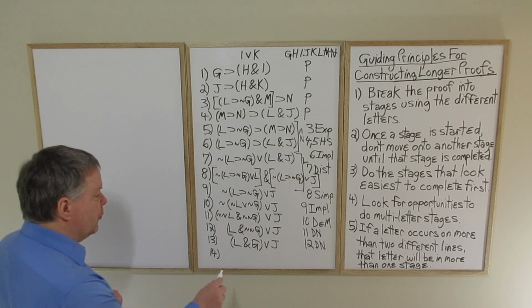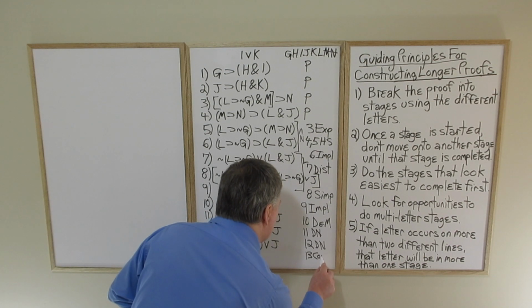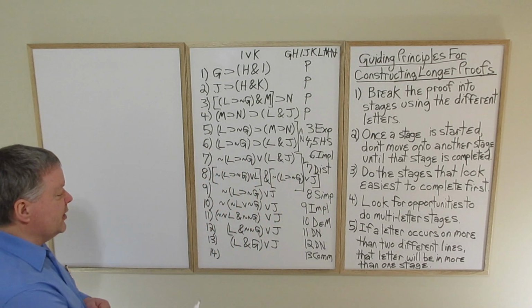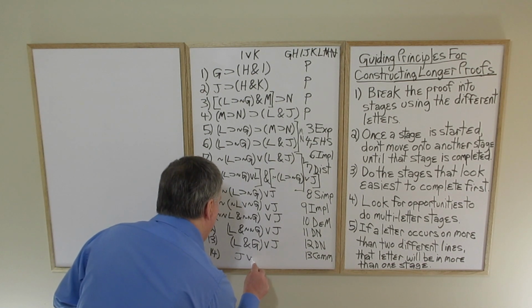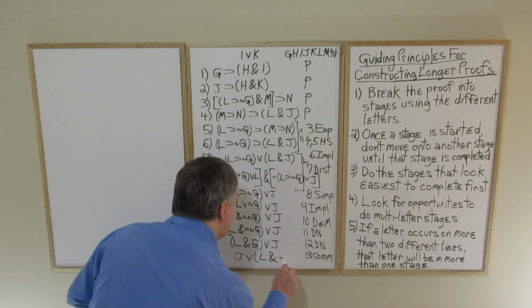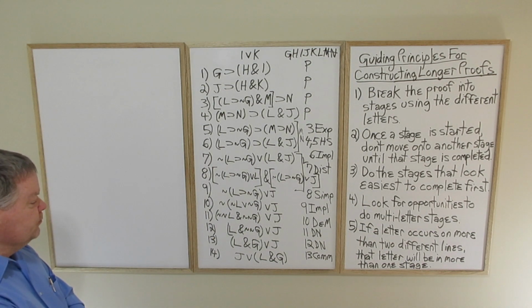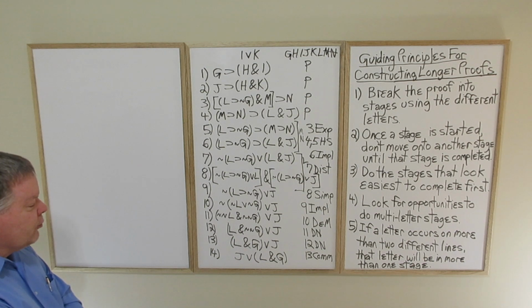Finally, we can do a commutation step on line 13 to get J or L and G. So we can now do a second distribution on line 14.